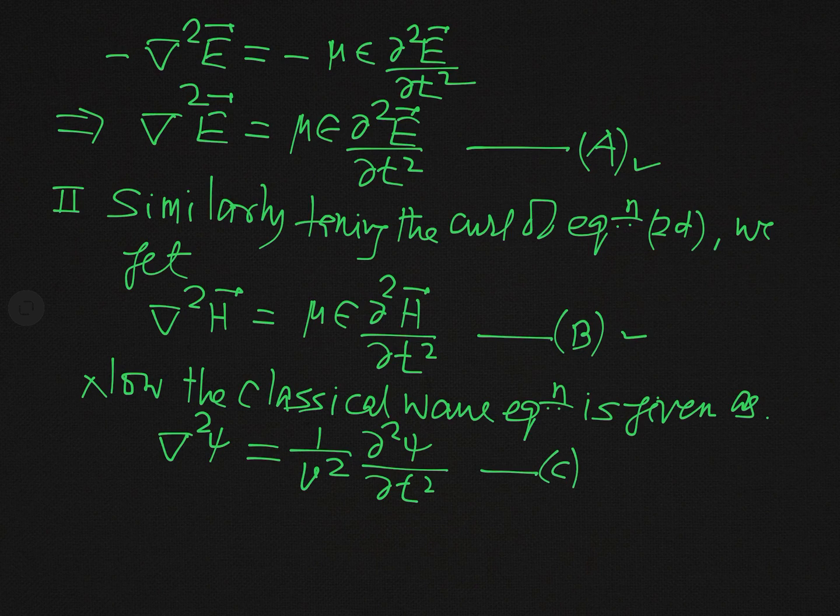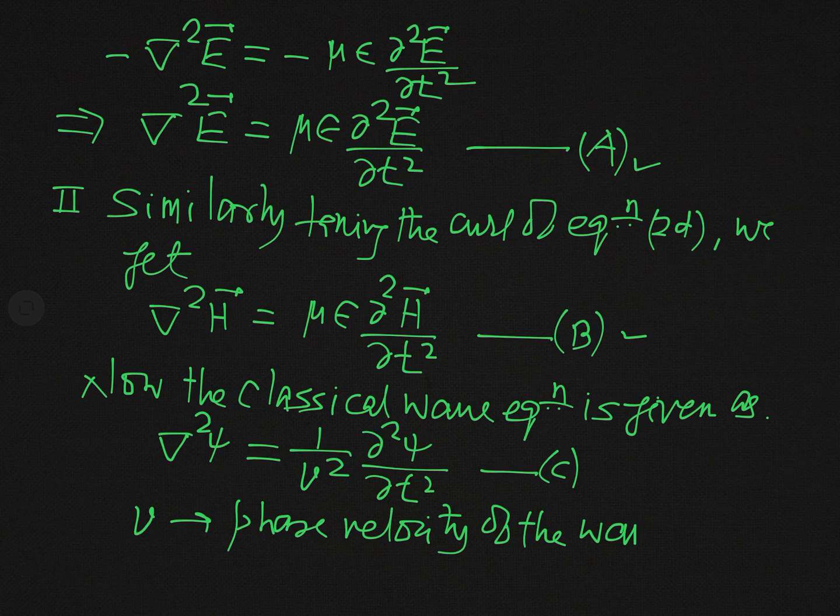You know it. You have definitely studied it in waves and oscillations. And in this equation, you know what this v is? This is the phase velocity of the wave. It is also called wave velocity, or the popular term is phase velocity.